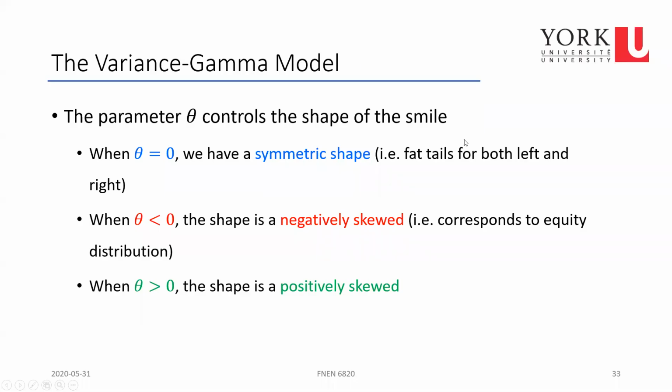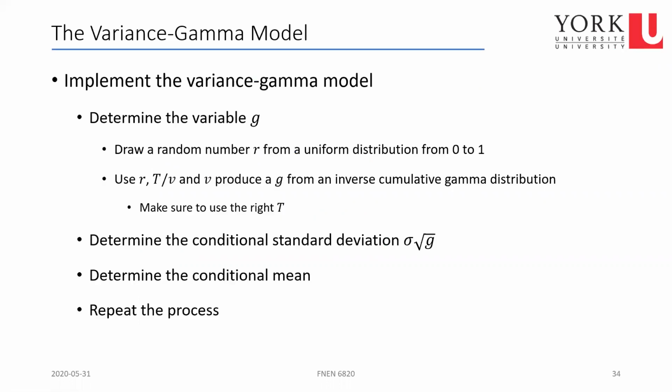Now, unfortunately, for the variance-gamma model, there isn't a closed-form solution that you can utilize for simple options. Therefore, it makes the parameter calibration a little more difficult. Under the variance-gamma model, the way to implement it is that you will first determine this crucial variable g. You basically have to draw out of a gamma distribution.